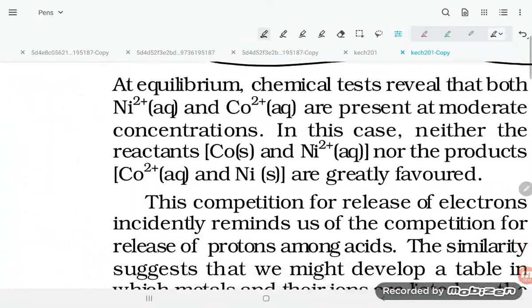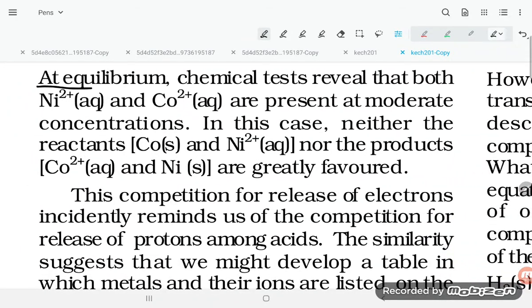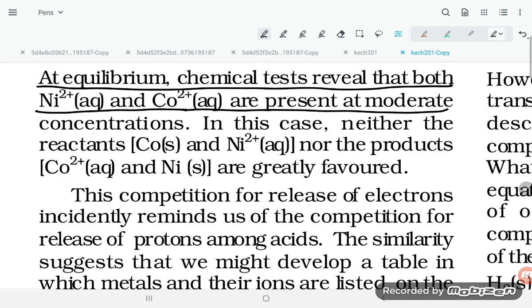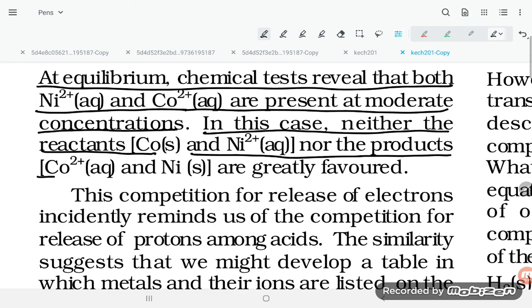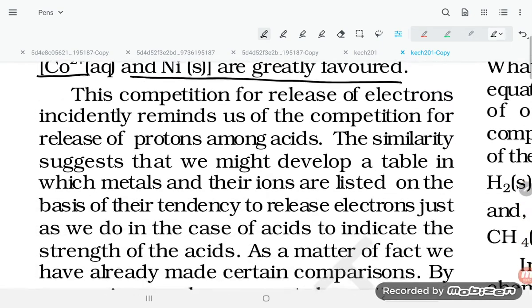Okay, here you see, student, at equilibrium chemical tests reveal that both Ni2+ and Co2+ are present at moderate concentration. In this case, neither the reactants Co or Ni2+ nor the products Co2+ and Ni are greatly favored. Okay, now what is happening?